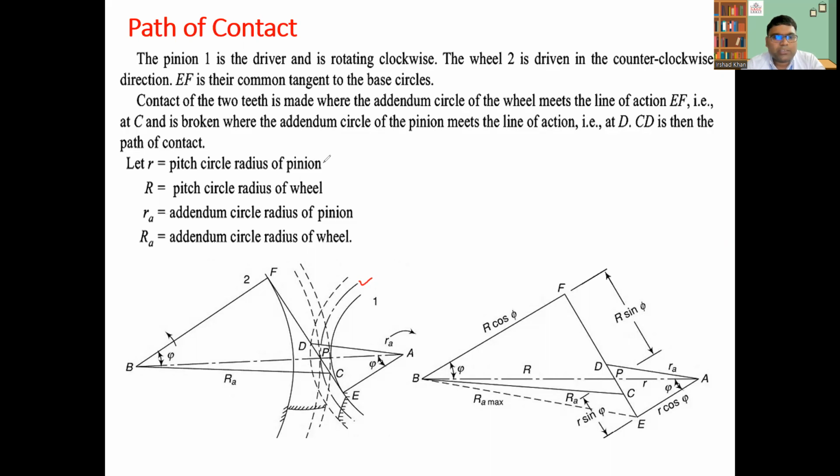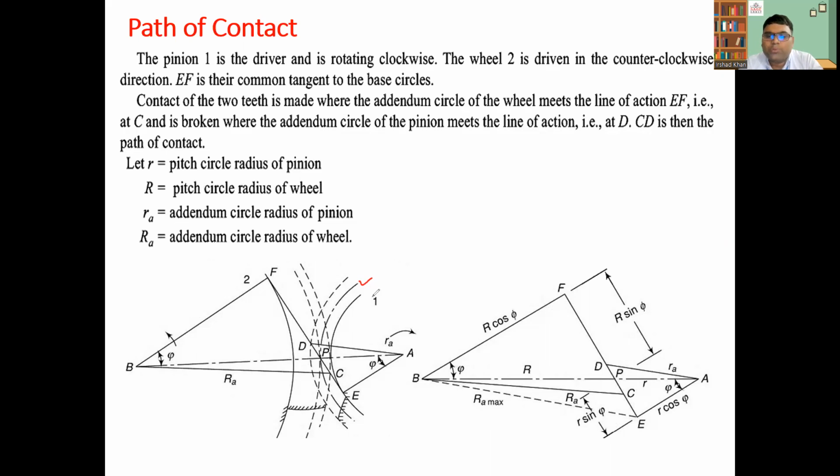Capital R is the pitch circle radius of the wheel, and small r_a is the addendum circle radius of the pinion, and capital R_A is the addendum circle radius of the wheel. This diagram is drawn to make the calculation easy.